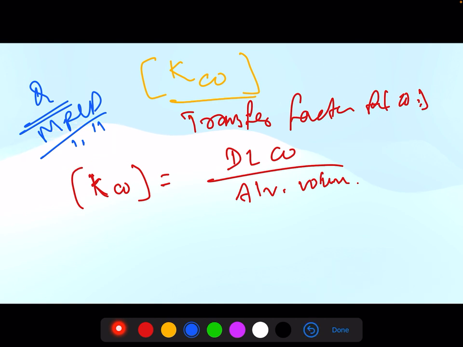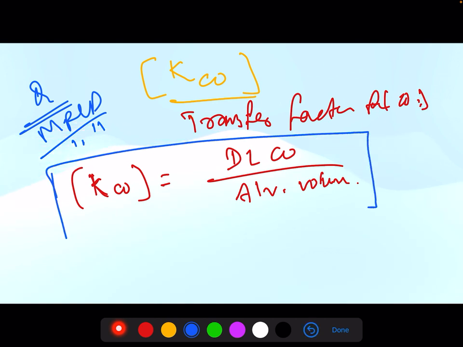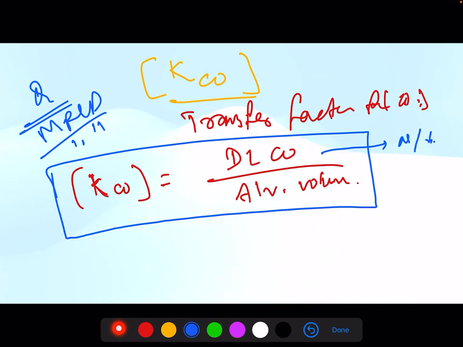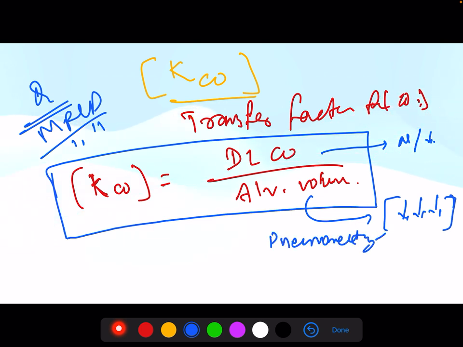So as we have got the equation, KCO is equal to the DLCO divided by alveolar volume. So in any condition in which DLCO is either normal or mildly decreased, but the alveolar volume is decreased significantly, in these conditions the KCO value or the transfer factor value can be higher. For example, pneumonectomy or lobectomy, right?